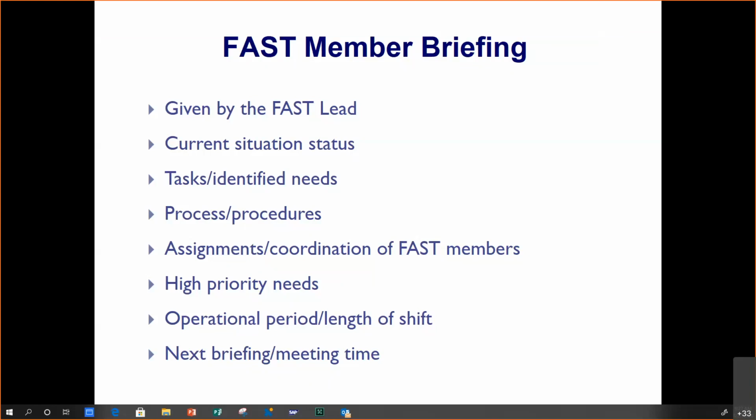Identify any tasks or needs. You can also give the process and procedures.